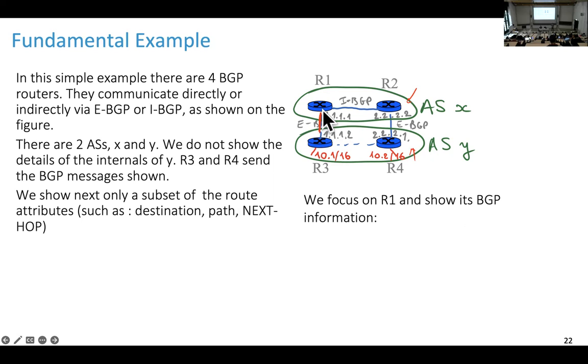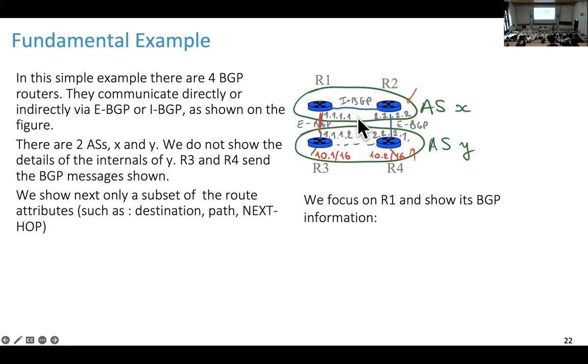Therefore, when you connect two domains, they should agree on several things, and one of them is what IP address scheme we should allocate to these interfaces, because that should not contradict the IP address scheme inside each of the domains. For example, R4, this address 111 is visible to R4.